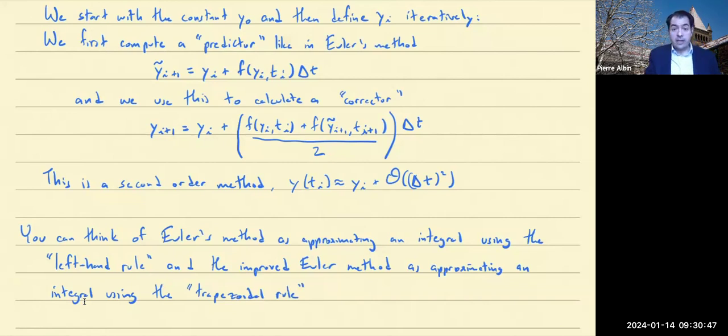So instead of picking the left endpoint and thinking of our rectangle as having a fixed height, here what we're doing is constructing a little trapezoid using the left and right endpoints of the interval.